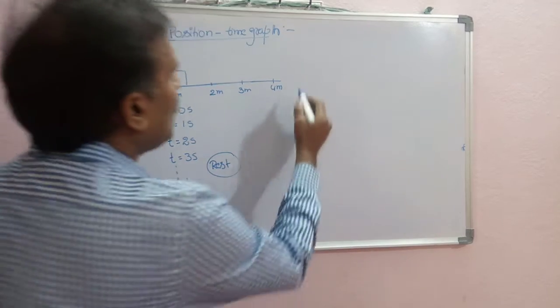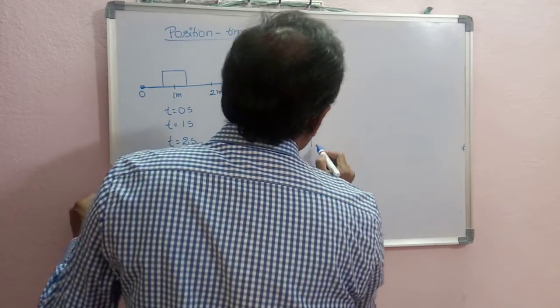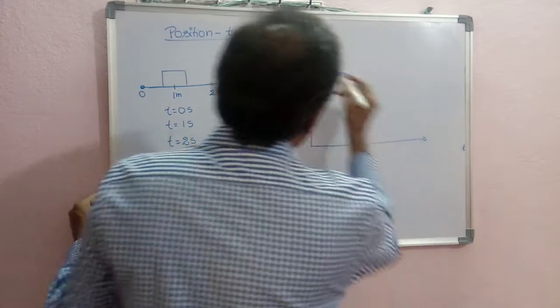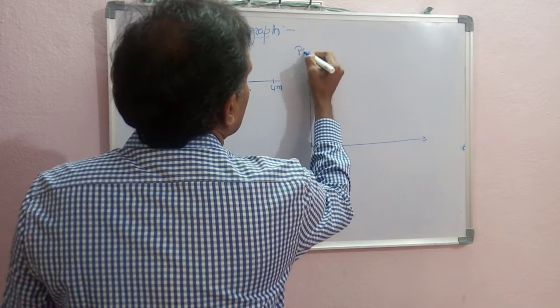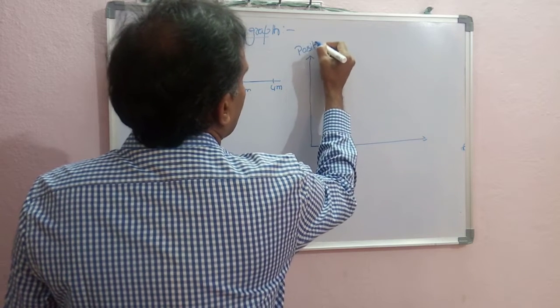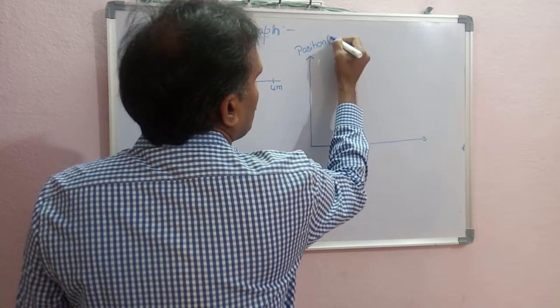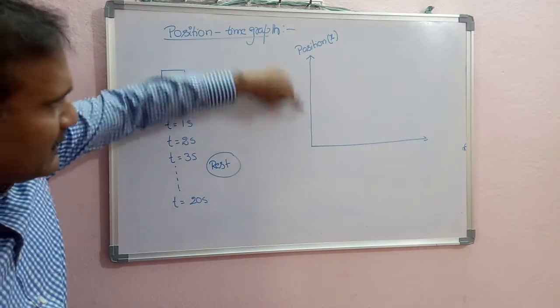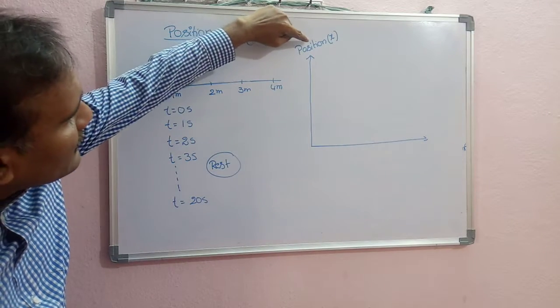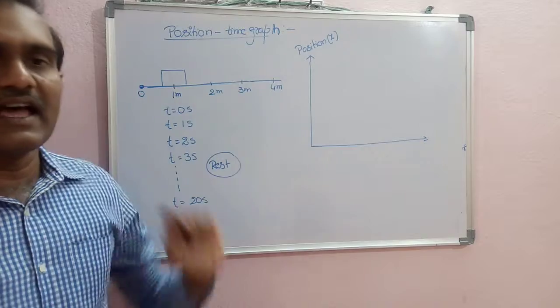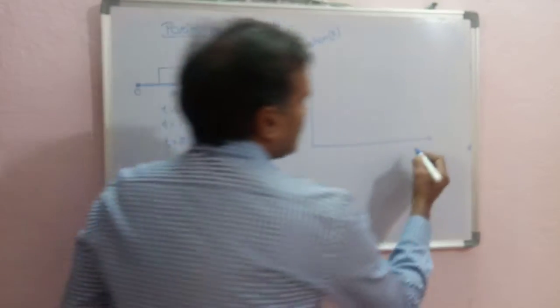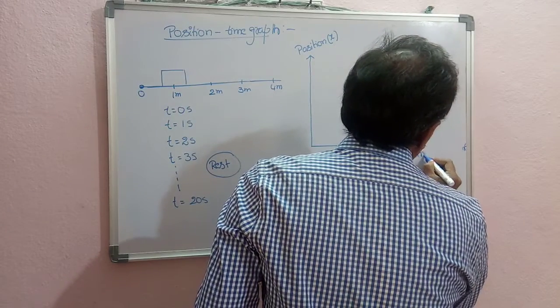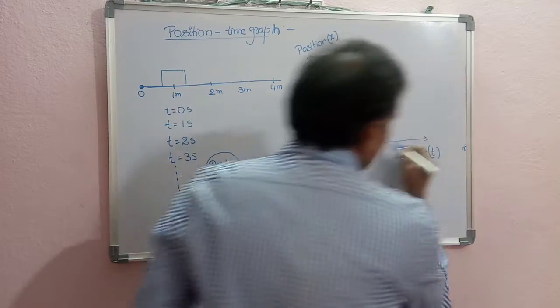Now, we plot a graph in between position, which is taken along the y-axis. I want to represent that position as x. Actually, it is the y-axis, but I want to consider its symbol as x. Time t is along the x-axis.